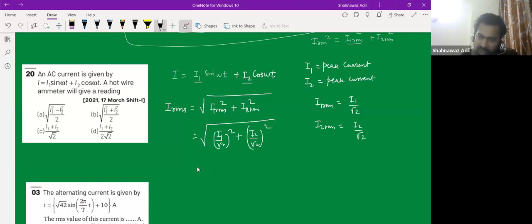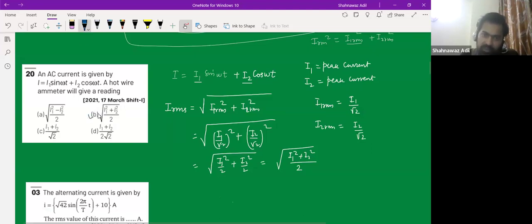How much is this? This is I1 square by 2 plus I2 square by 2. So this is the root of I1 square plus I2 square divided by 2. So only this would be the option. Okay, is it clear, guys?